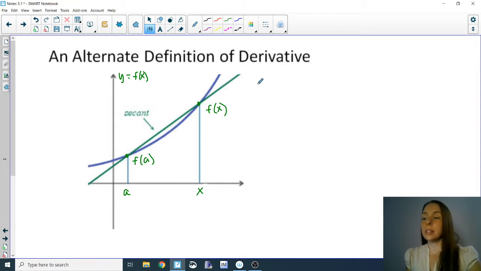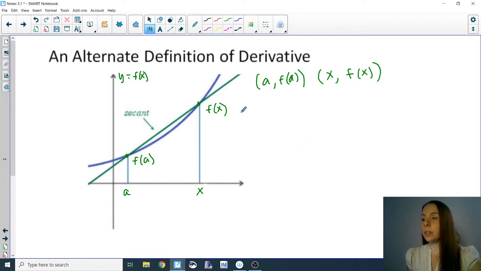And so just like I did in the first video, I'm going to label the ordered pairs of these points. I have a, f of a is one of the ordered pairs, and I have x, f of x is the other ordered pair.